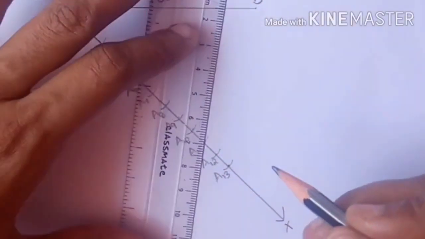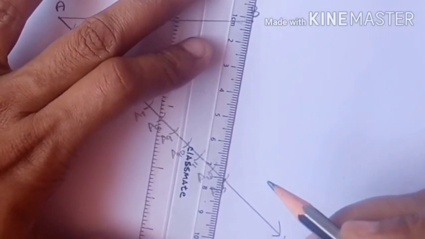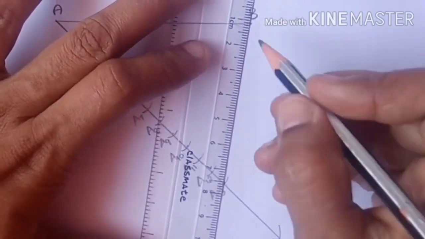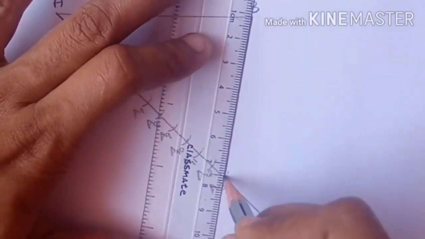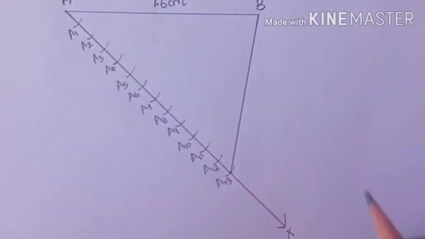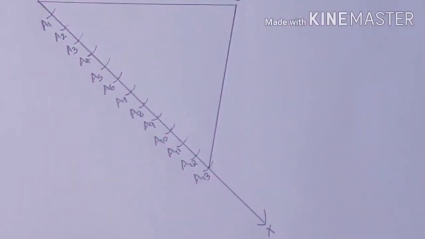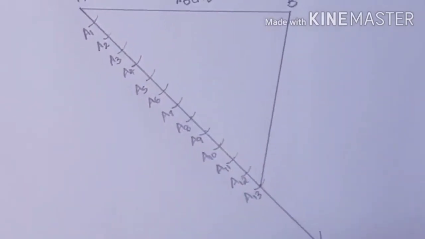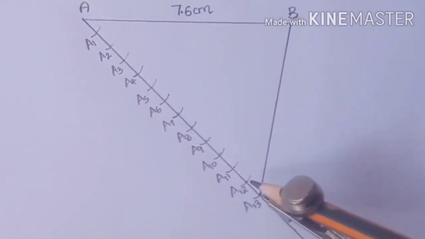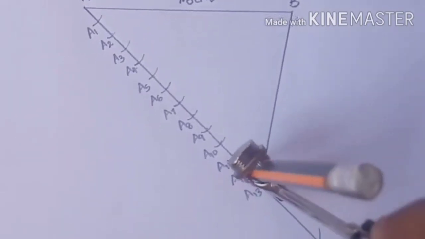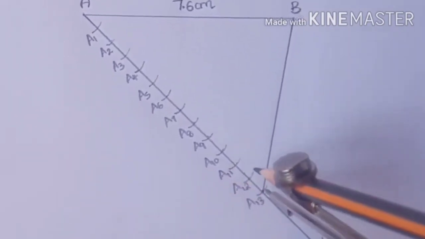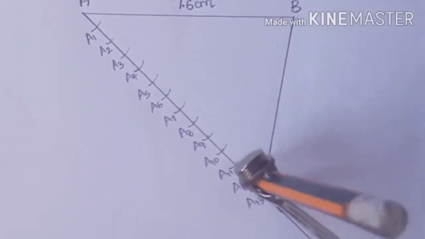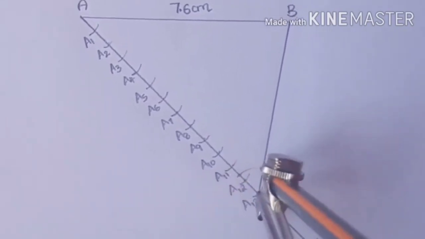Next, using your ruler, join the last point, that is A13, to B. Now, using your compass, take any radius and draw an arc by keeping your compass at A13.